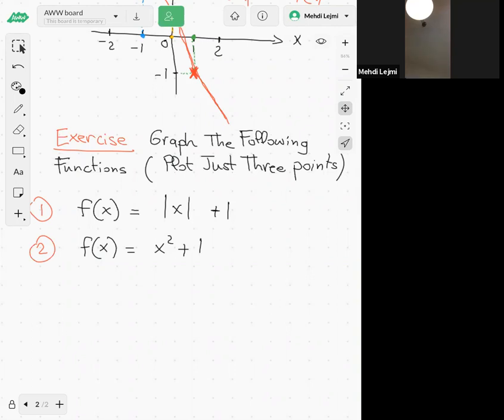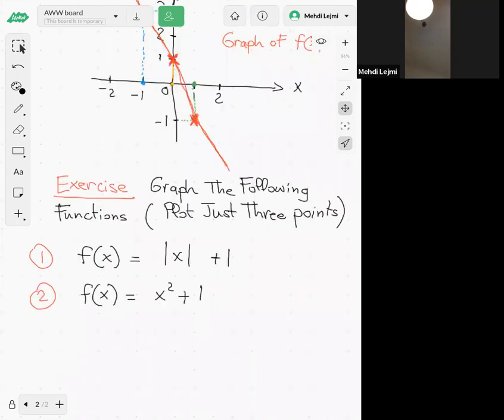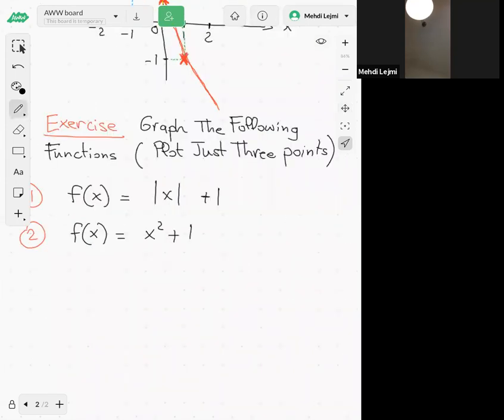So if you take absolute value of positive 5, that would be positive 5. If you take absolute value of negative 4, you have to take the opposite, so that's positive 4. And of course, the absolute value of 0 is just 0.